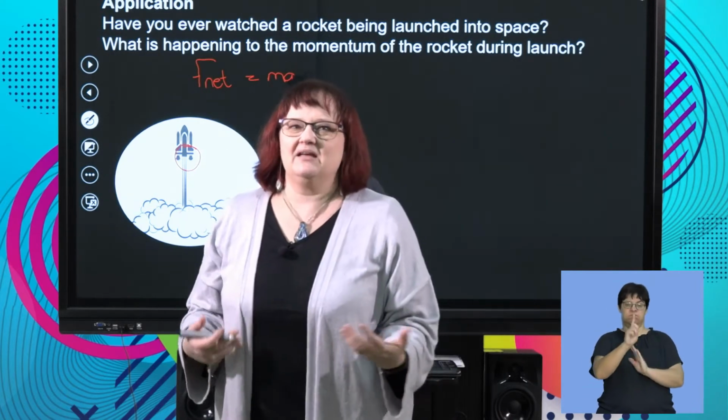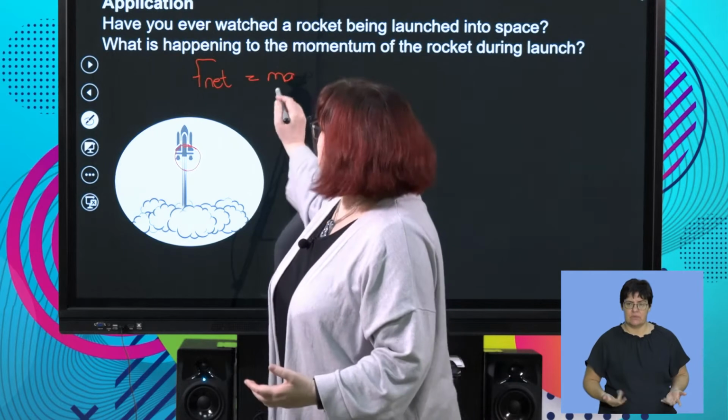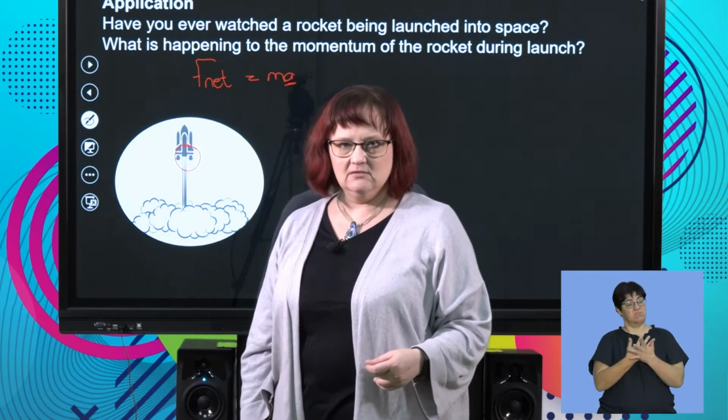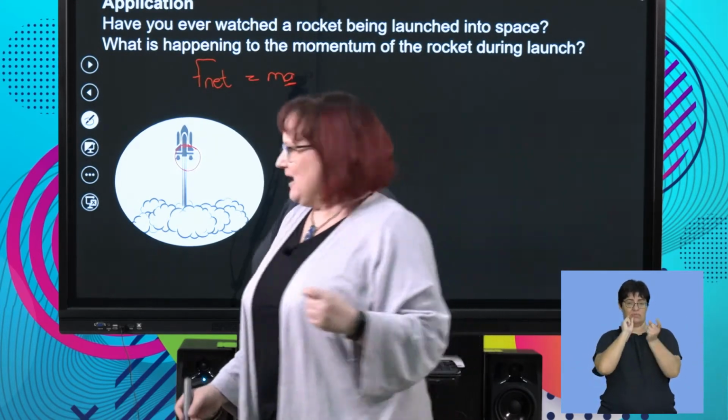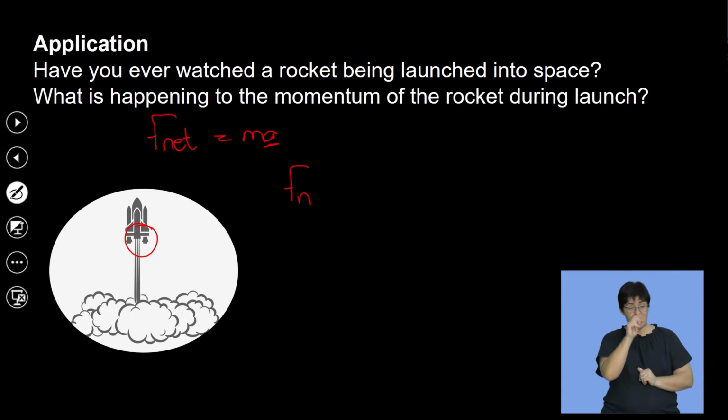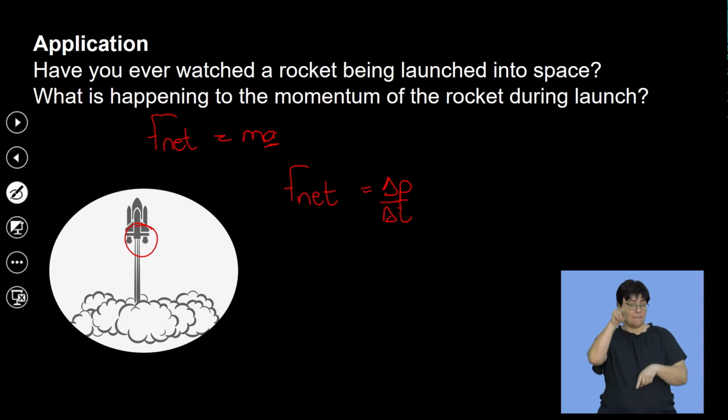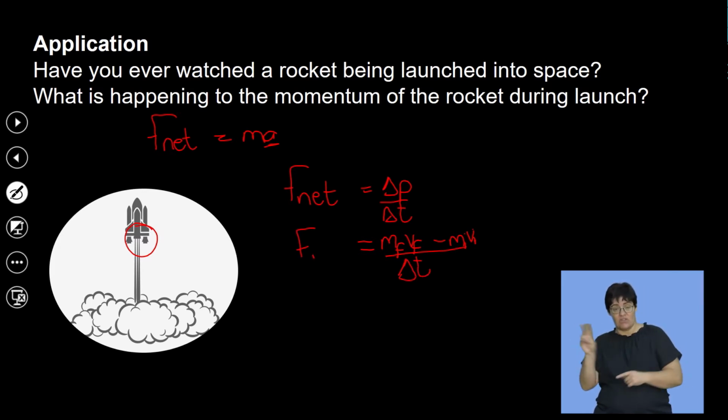So the mass is getting smaller and smaller and smaller in order to help it accelerate. But how can we sort of work that out? Because I can't work out the acceleration here because the mass keeps getting smaller. So the acceleration is actually changing. But if I look at it in terms of this equation, they can actually predict how fast my rocket will be going at a certain time, because this will become final mass with final velocity minus initial mass with initial velocity over time.